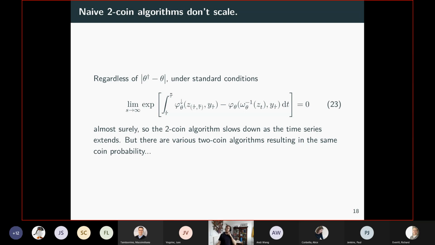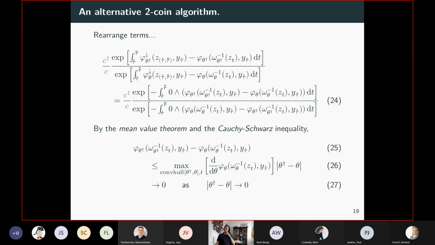But actually, what saves us here is that there are various two-coin algorithms that result in the same coin probability. And we can see that by just arranging terms in the acceptance odds, so the odds for the parameter step.